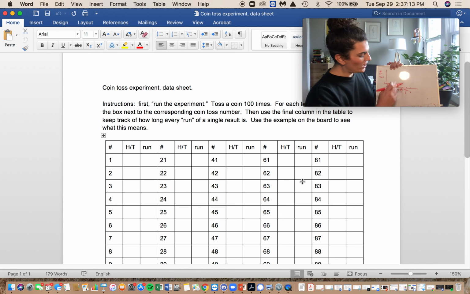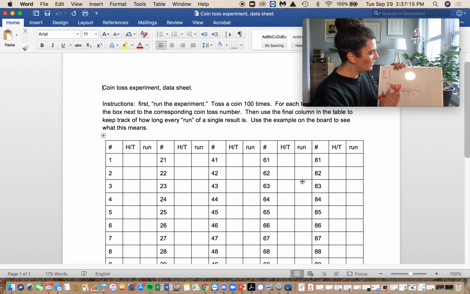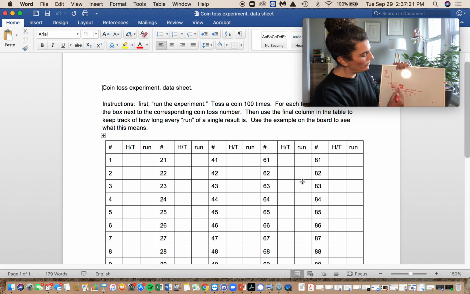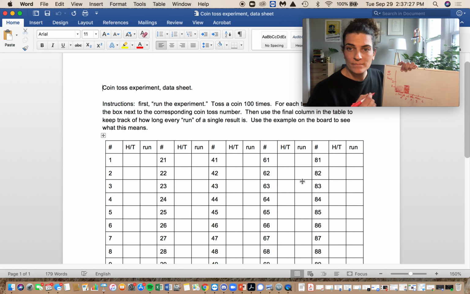Let's say I actually had just 2 runs of 3 and nothing else, then my bar for 1 and 2 would be 0, and my bar for 3 would be that I would have had 2 runs of 3. Does that make sense? I hope that makes sense.